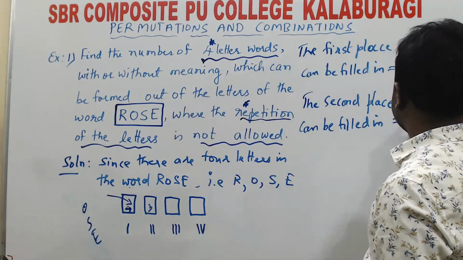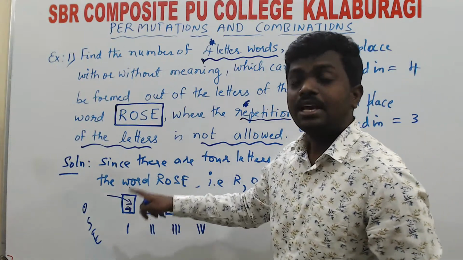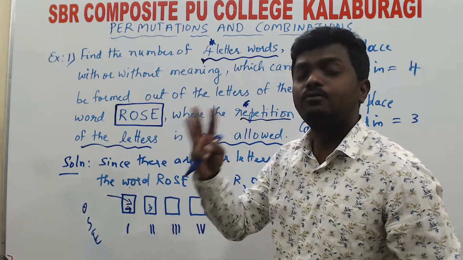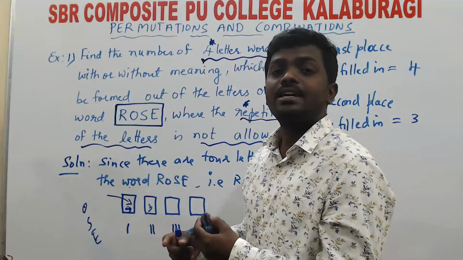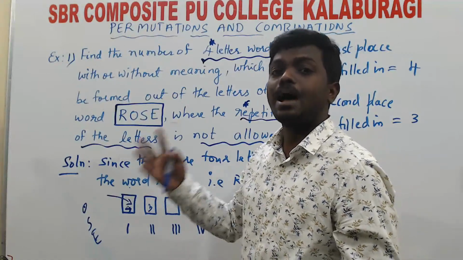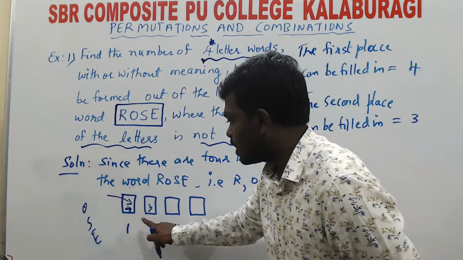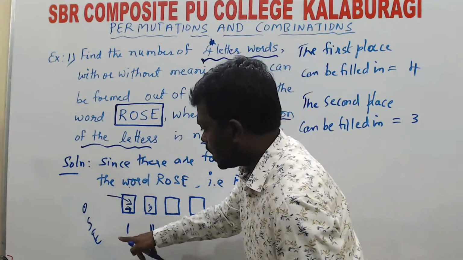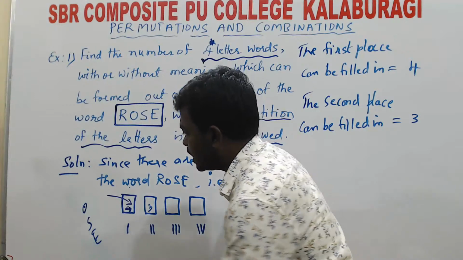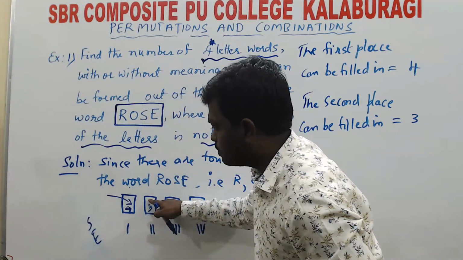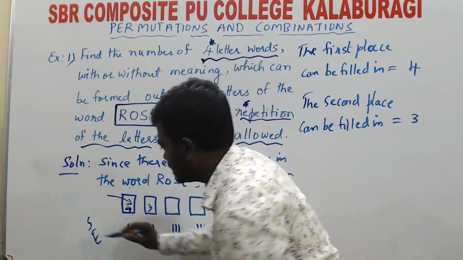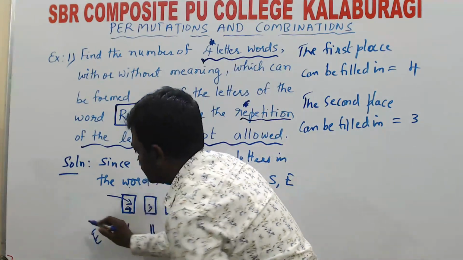And you can see we have not yet completed a four-letter word. That means the event is going on. You can understand which principle we should apply. Out of O, S, E, let's suppose we have chosen O here. You can take S also, it doesn't matter.